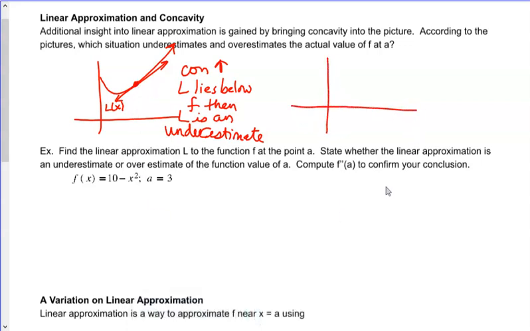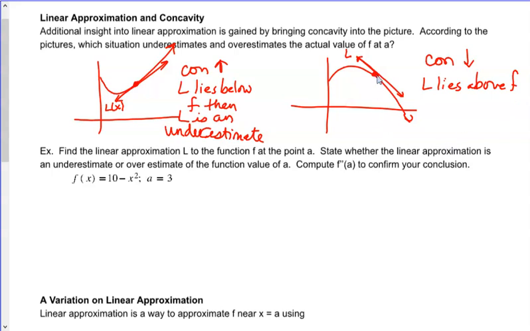So if I then choose to do a function that is concave down, let's say, and I choose a linear line, that one's a little bit off, sorry about that, call that L of x, or L. In a concave down situation, then L lies above f.